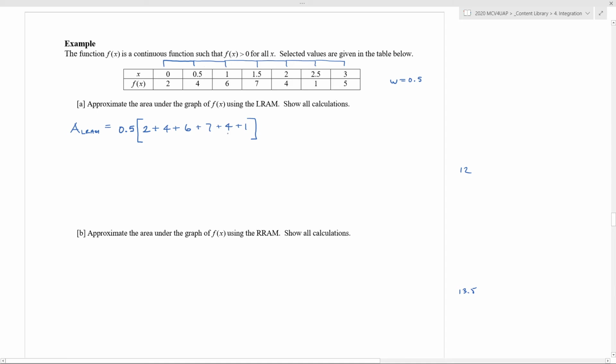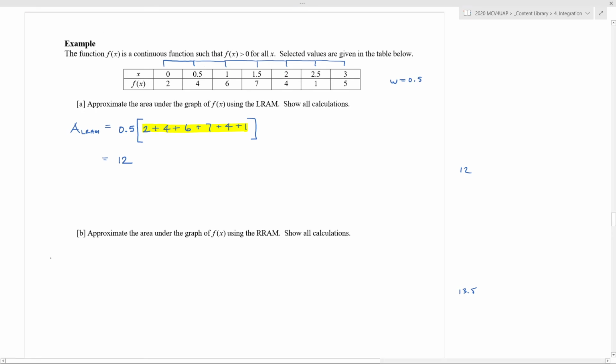Fifth one has a height of 4. And the last one would have a height of 1. Do that calculation and you'll get 12. Notice that we used all the Y values except the last one for LRAM.